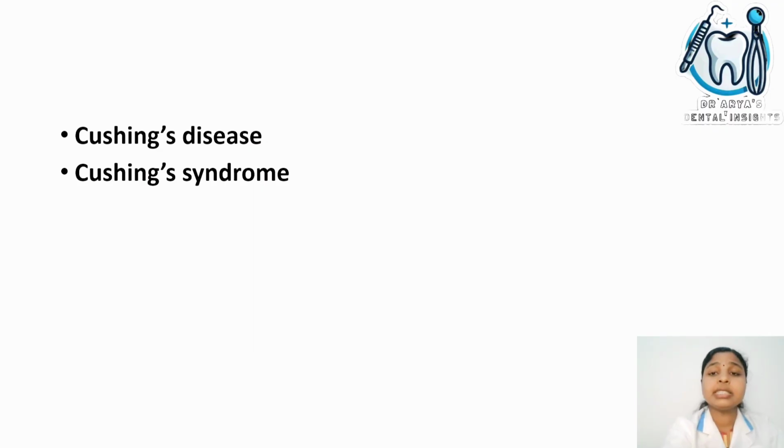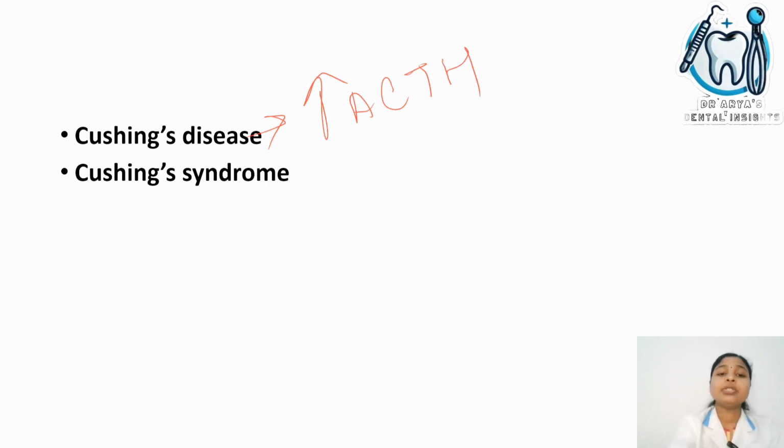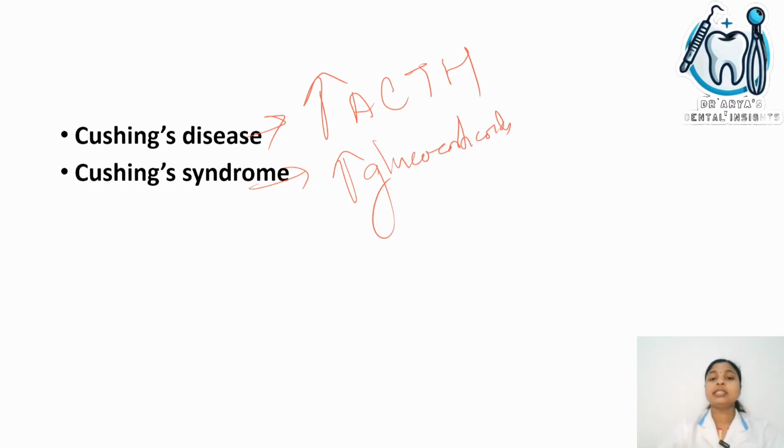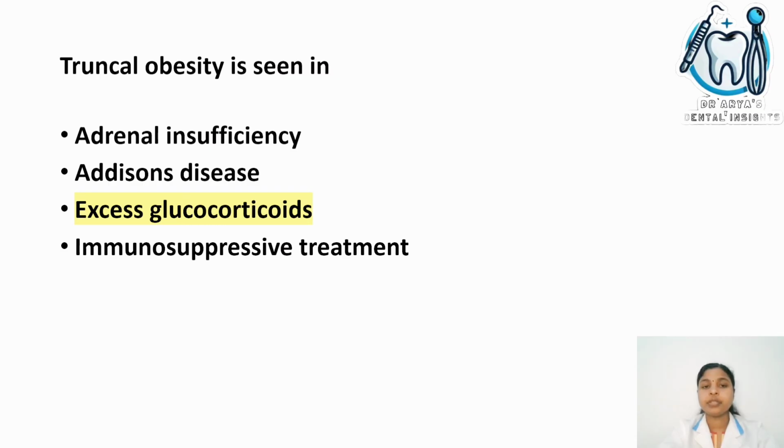And Cushing syndrome is due to the excessive secretion of glucocorticoids of the adrenal cortex. So these are the differences between Cushing's disease and Cushing syndrome. So our answer: truncal obesity is seen in excess glucocorticoids, that is Cushing's syndrome.